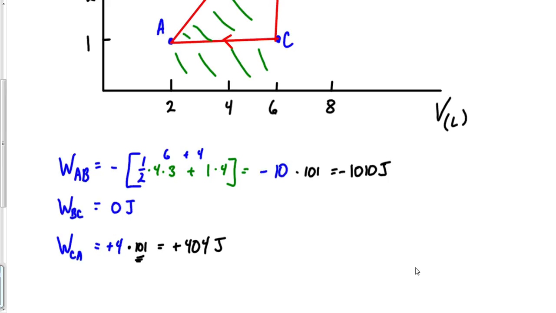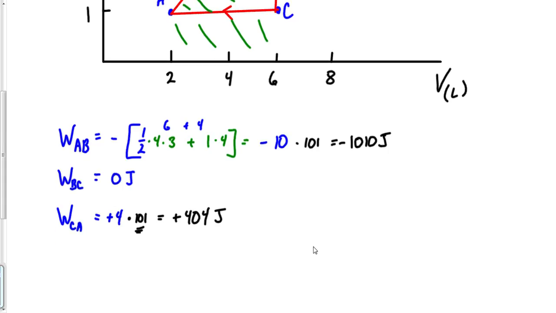Now, one more time, why was this one negative, and in this case, positive 404? Well, in this case, the volume has actually decreased, which means work was done on the gas, and thus the positive 404. Now, the very last thing I'm going to do is this. I'm going to say, what was the net work for the entire process?